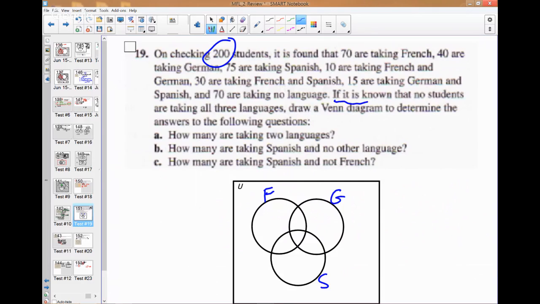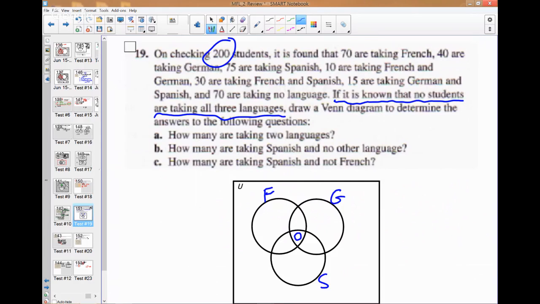You see that statement? Note, it's known that no students are taking all 3 languages. That means, this is weird, that means we now know there's a 0 in that center section. And usually they give you a number. This time they said just no students.